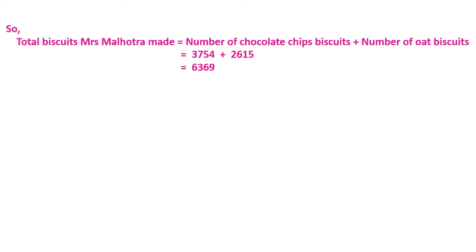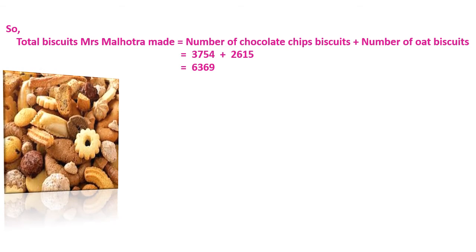So by adding these numbers, we will get the total biscuits Mrs. Malhotra made, which is equal to the number of chocolate chip biscuits plus the number of oat biscuits, which is equal to 3,754 plus 2,615, and that is 6,369.